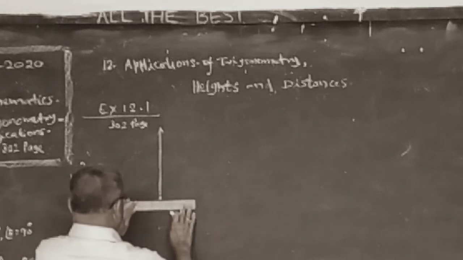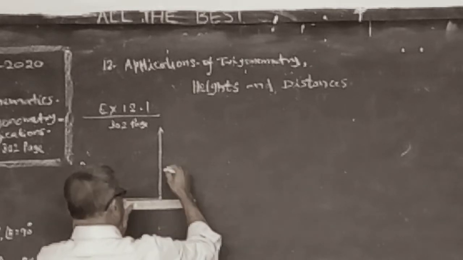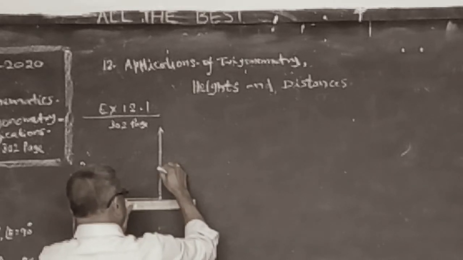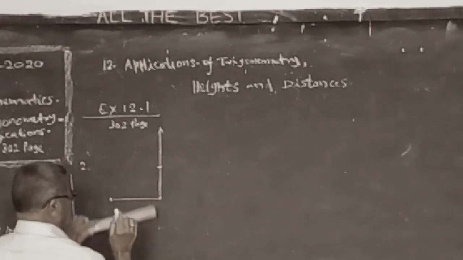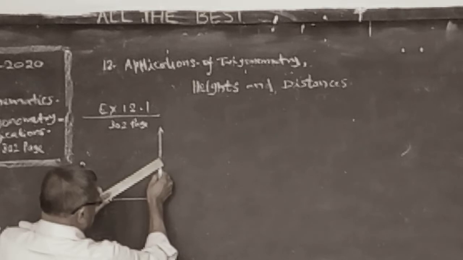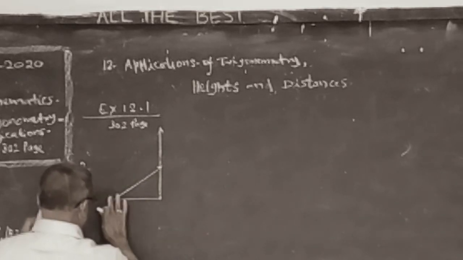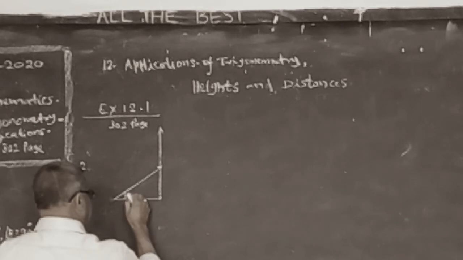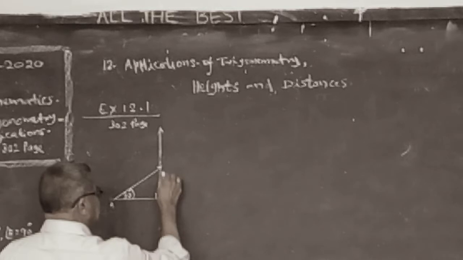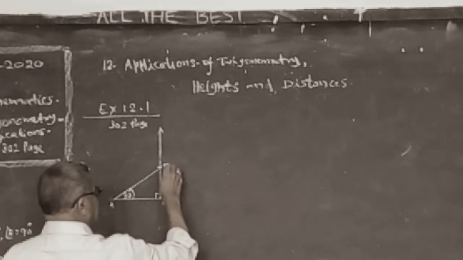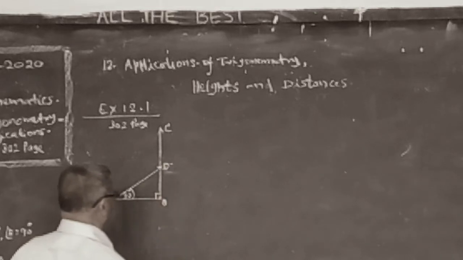Due to the storm, it is falling down at some part. Say this is the spot. Now the top of the tree is touching the ground with an angle of elevation of 30 degrees. A, B, C. Actually, first we have C and this is D.